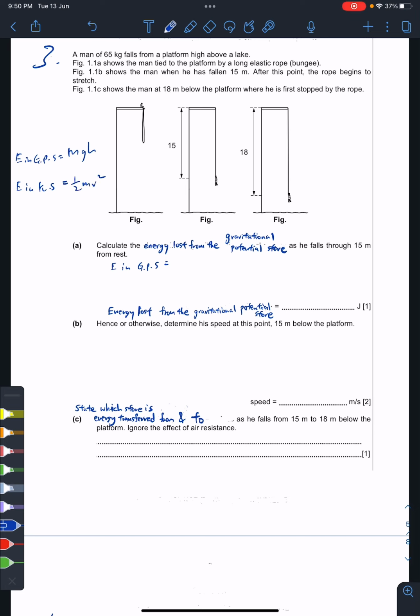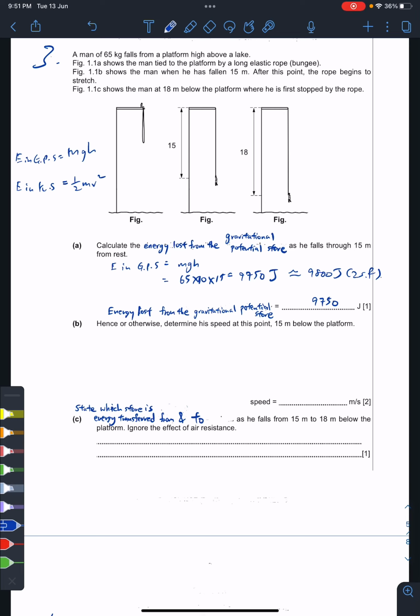Quite standard. So your energy in GPS equals mgh. Throw the numbers in: 65 times 10 times 15 equals 9750 joule. That's about it. If you want to give me 9800 joule to 2SF, also not a big deal.